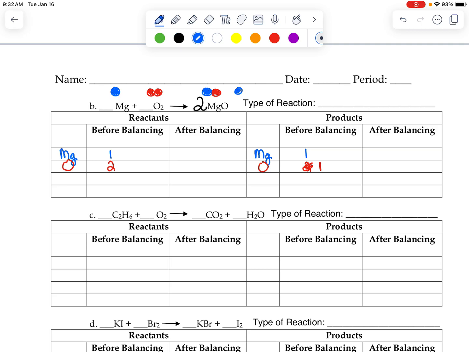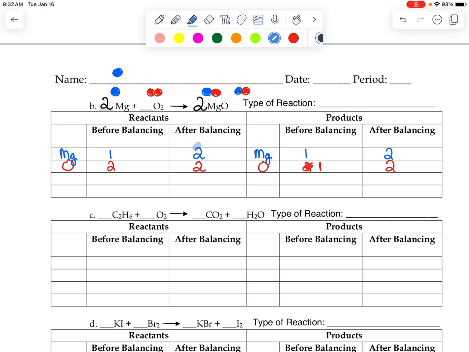So what that means is we now have two molecules of MgO. So that means we now have two atoms of oxygen. We also have two atoms of magnesium. So now we need more magnesium. So we're going to put a 2. So that means that we now have two atoms of magnesium, and we still have our two atoms of oxygen.